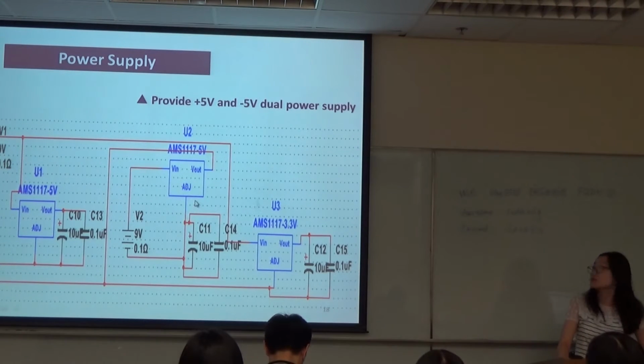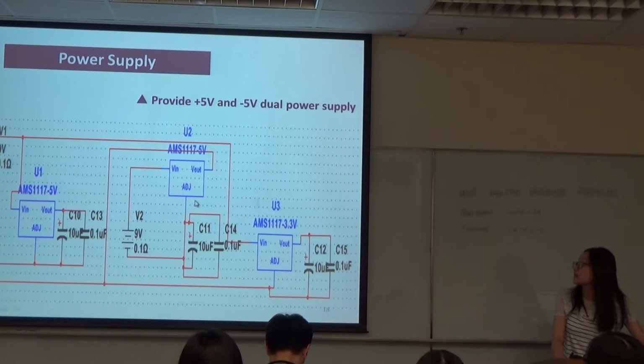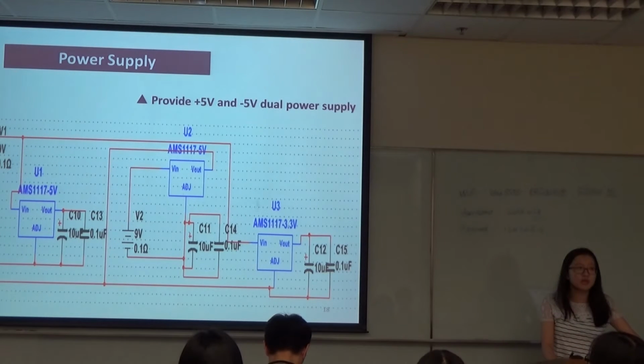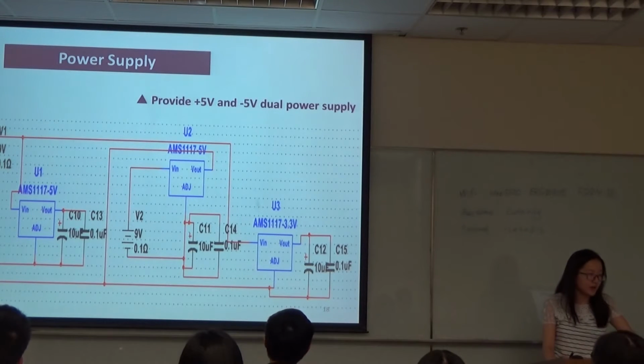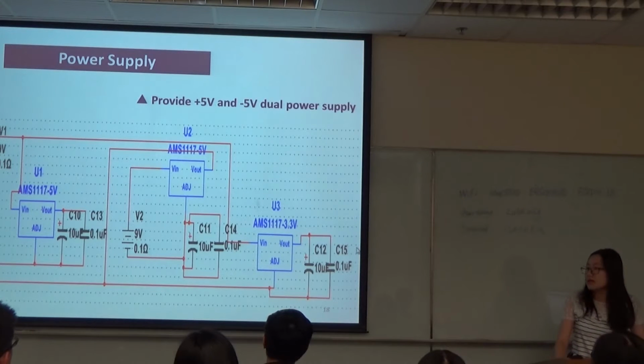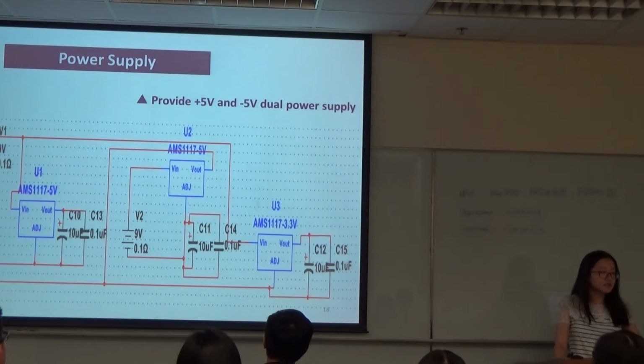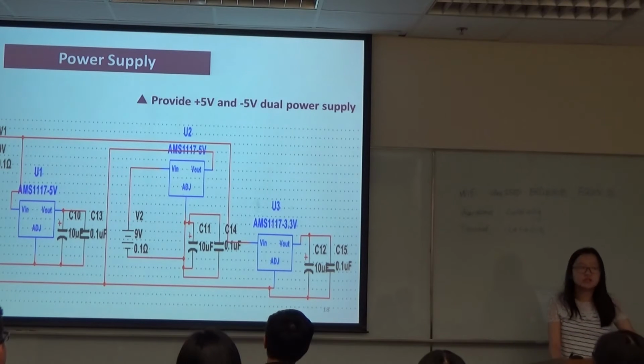Then the ground pin of the second 5-volt chip can provide us the negative 5-volt power supply. And the capacitors here are very important. They help to avoid the negative effect of the variation in noises from the voltage outputs.